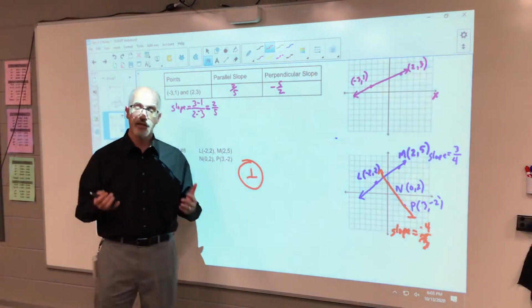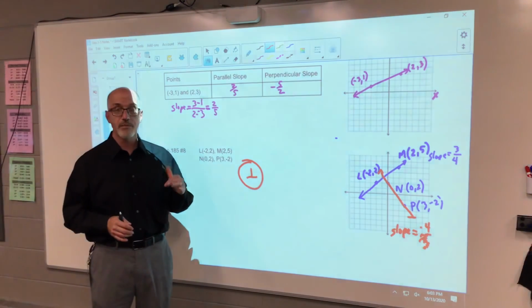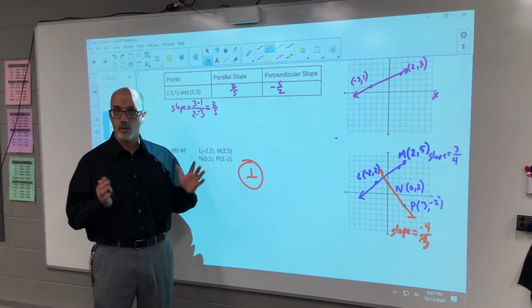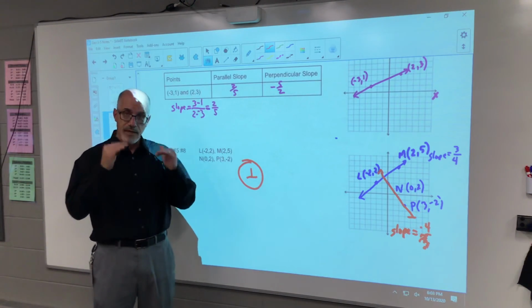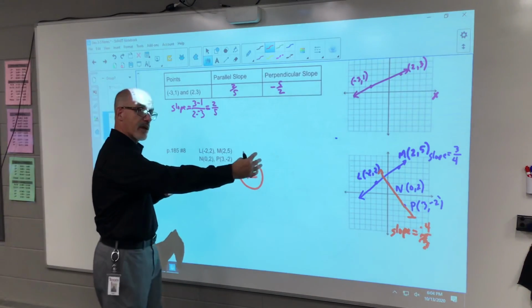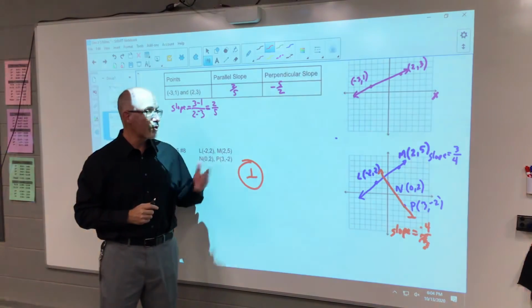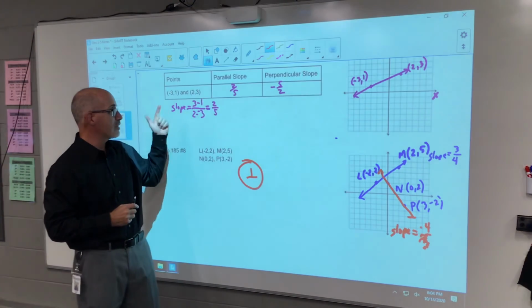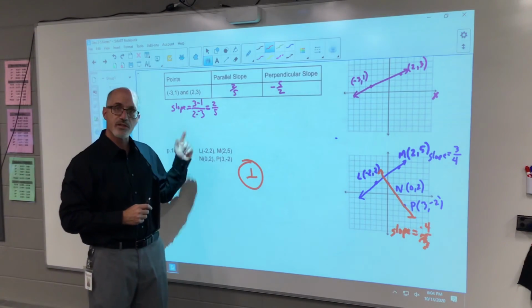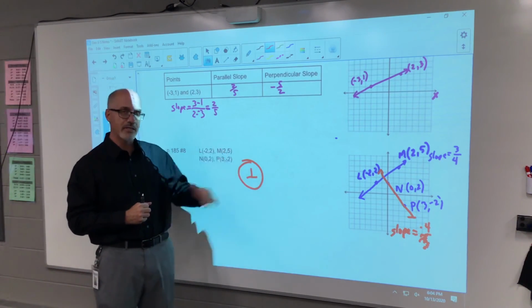So what we've learned is as we work through slope, you find slope either on the graph, measuring rise over run and knowing which is positive, up, negative, down for rise, and if we go to the right, it's positive for the run, and left is negative. Or you could do it using the formula, which is the difference of the y's over difference of the x's, y sub 2 minus y sub 1 over x sub 2 minus x sub 1.